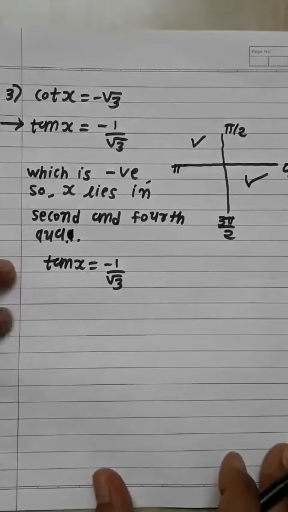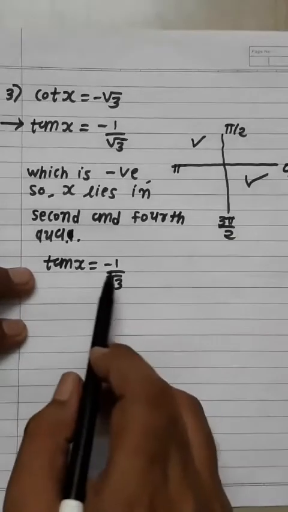Now we know that the value of tan 30 degrees is 1 by root 3, but here the minus sign is present.